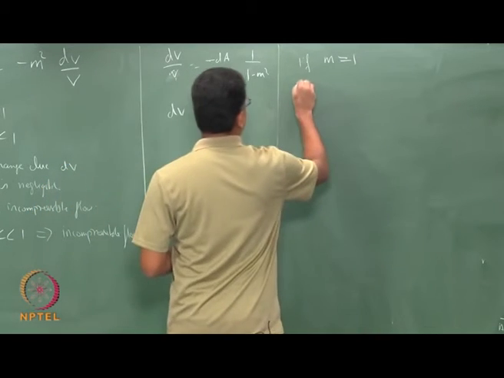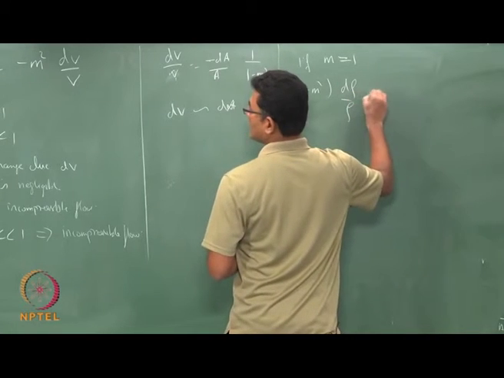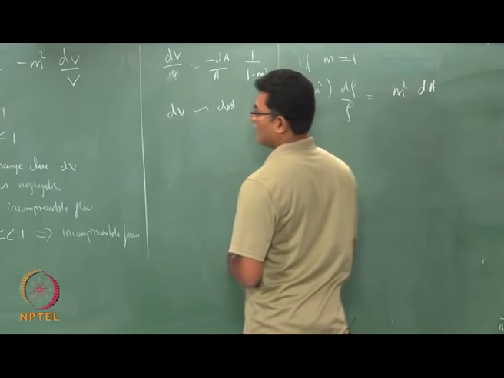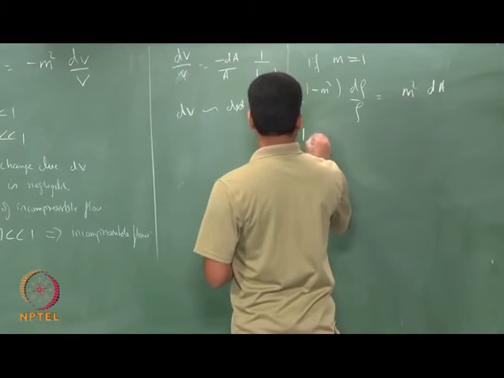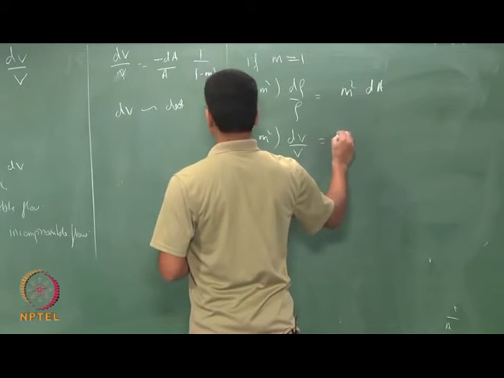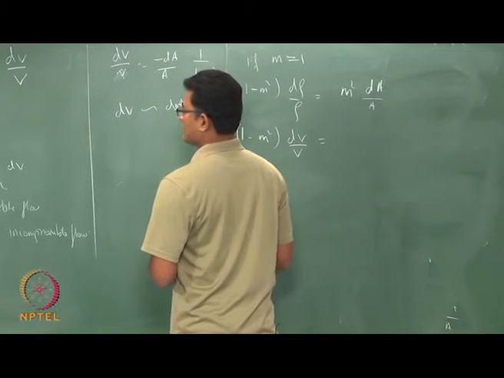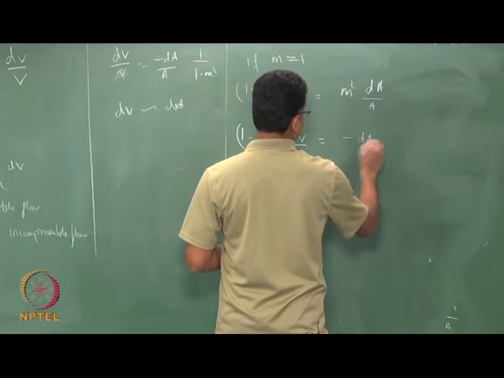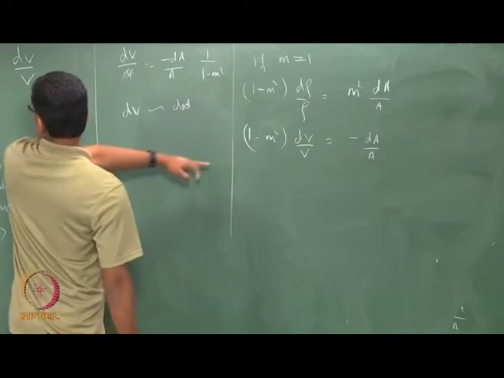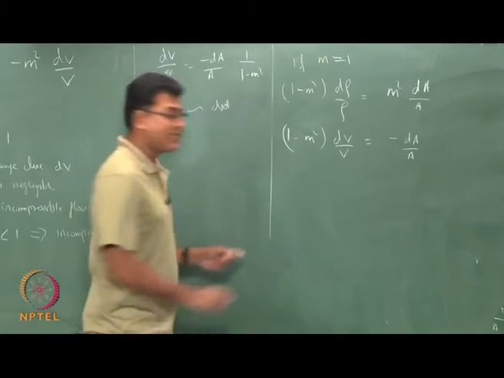For m equals 1, 1 minus m square into d rho by rho equals m square dA, or if I take the next equation, 1 minus m square into dV by V equals minus dA by A. So, this is equation A and this is equation B. So, if m equals 1, it just means that your dA is 0.